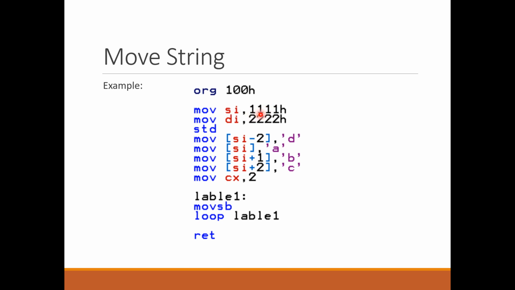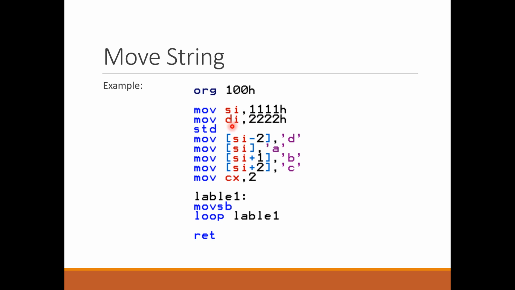So we are saying, for example, move SI this value, move DI these values. You know that the source index is going to be combined with the data segment in order to get the physical address, and the destination index is going to be combined with the extra segment.